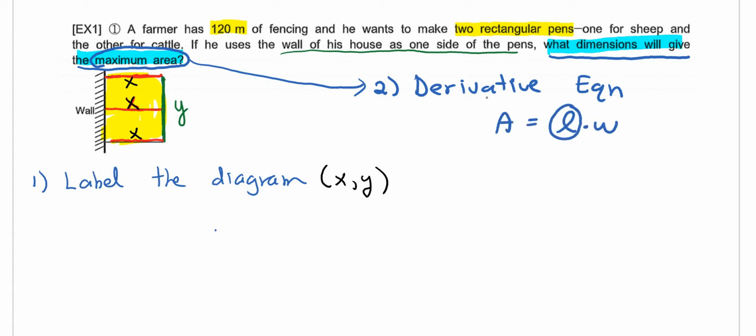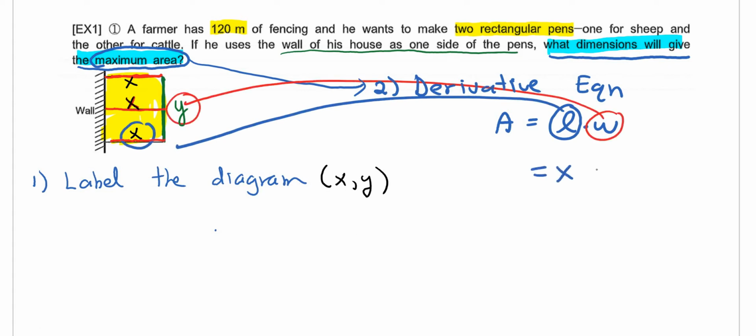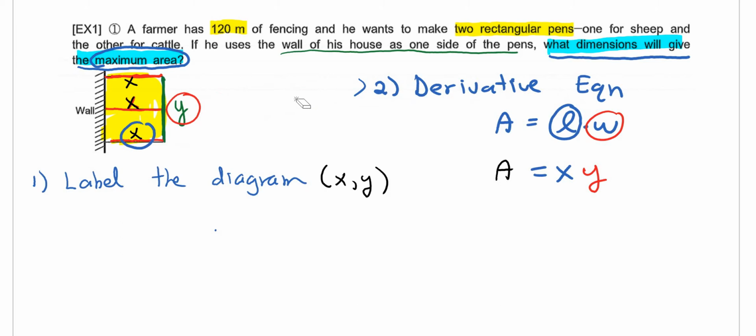Now, what is the length? The length is just x, and the width will be y. So x times y is your derivative expression. From there you want to take the derivative, A prime, but the problem is there are 2 different variables, x and y, and you can't take the derivative in these kinds of problems if there are 2 variables, so you have to get rid of this y variable.